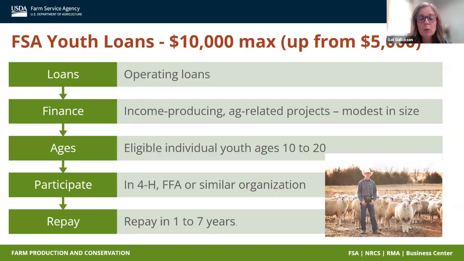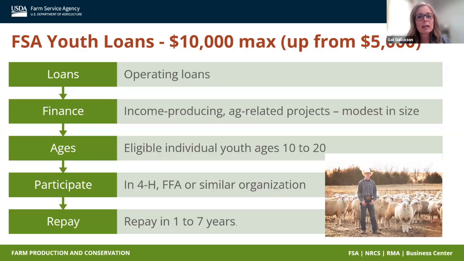What we will find most common participation is 4-H clubs or FFA members. They have advisors or they have 4-H leaders. But if there's any sort of other ag type youth organization that would have someone, because on the actual application, there's a youth loan application form, there is a spot where the advisor will essentially say, yes, this applicant is a member of our organization, and yes, I will support them in this project should they need any guidance.